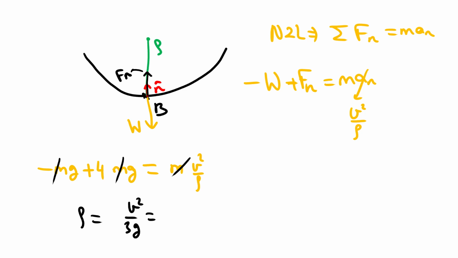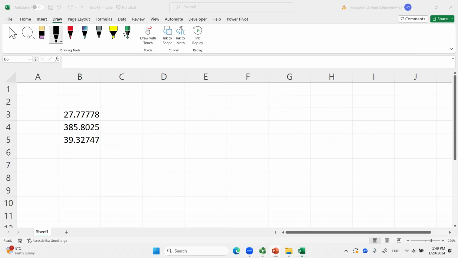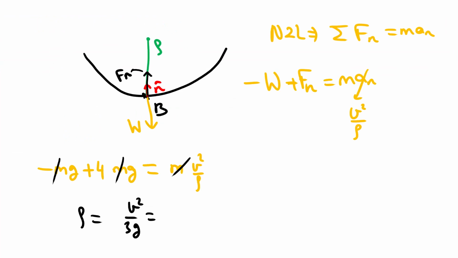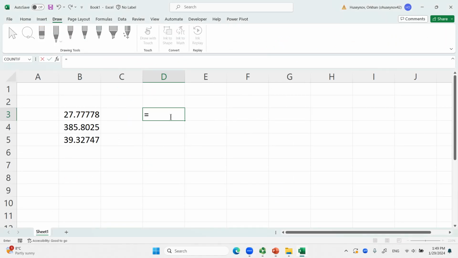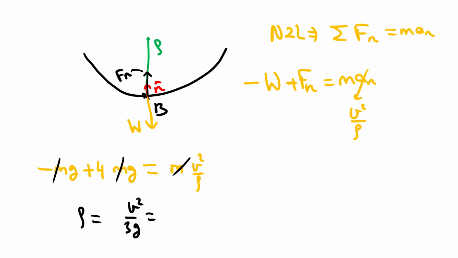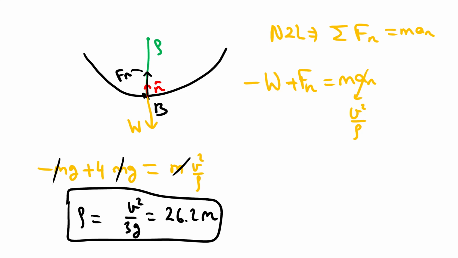Okay, that we can find very easily. Let's do that. So velocity is this one. So that will be equal to velocity squared by 3 times 9.81. That is 26.2 meters. That's the end of the problem.